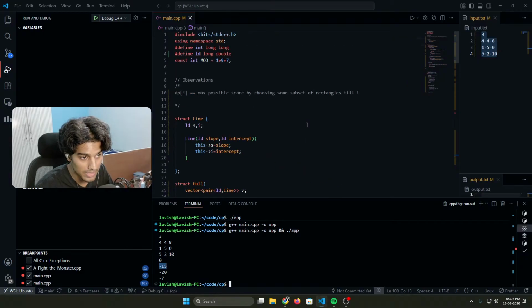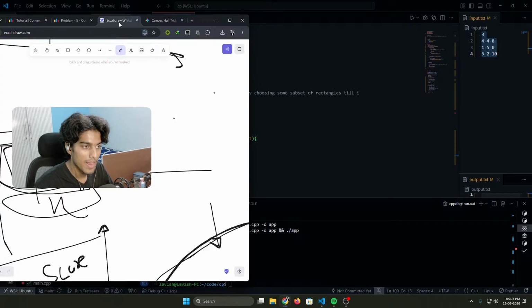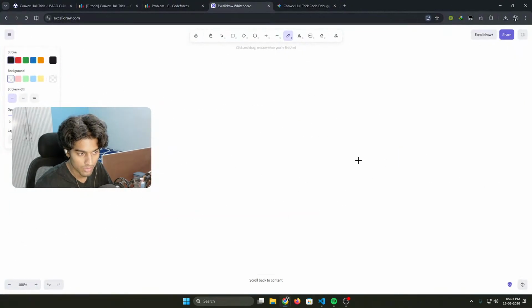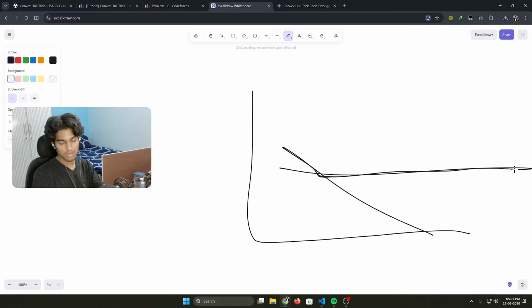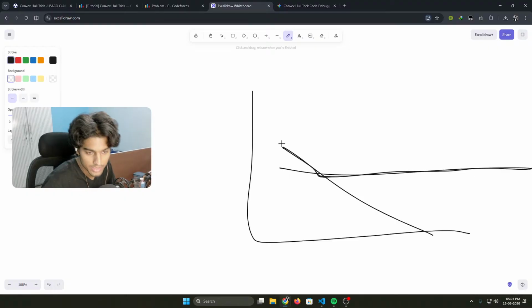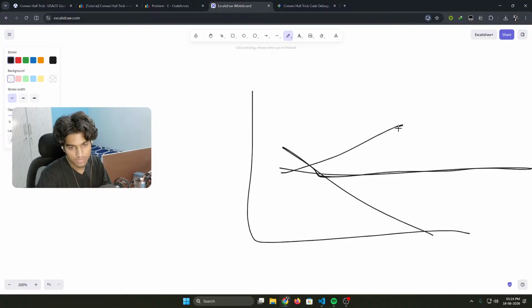Am I minimizing or maximizing? So we are maximizing, right? Better if x is less than then.